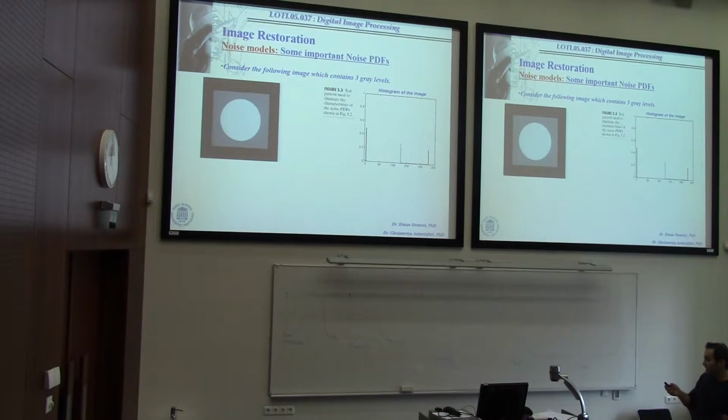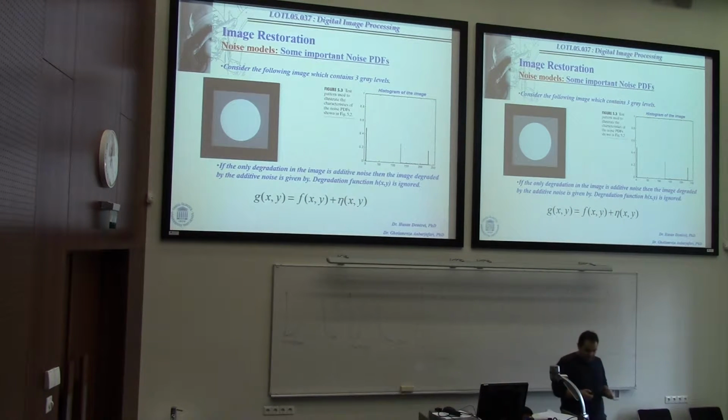For example, if you consider this image as an original image, we have 3-level grayscale: black, gray, and close to white. We have the histogram of the image like this. The black part is here, and gray, and the values that are close to white, or 255.